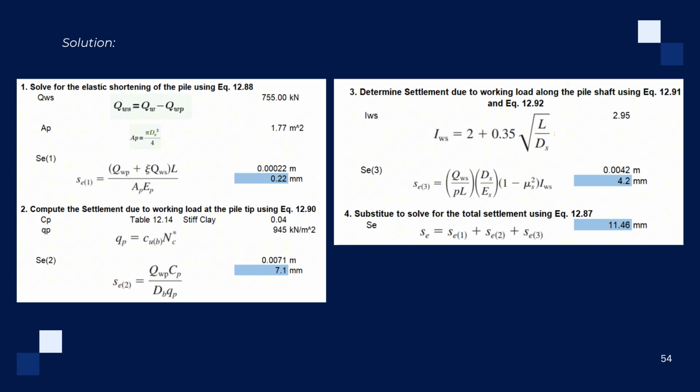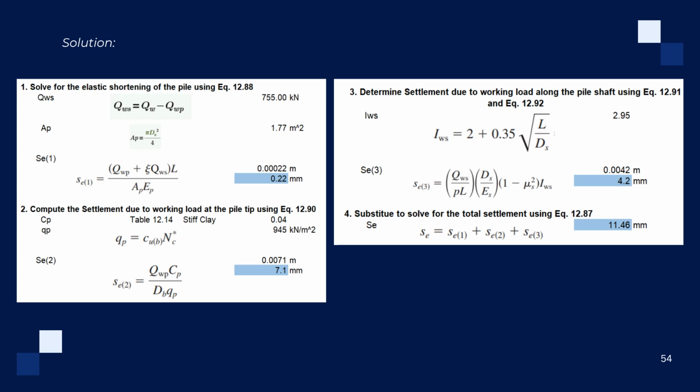Se1 is equal to the quantity of Qwp plus epsilon Qws times L all over Ap times Ep. When you substitute those values, we get 0.00022 m or 0.22 millimeters. Next, compute the settlement due to the working load at the pile tip using equation 12.90.